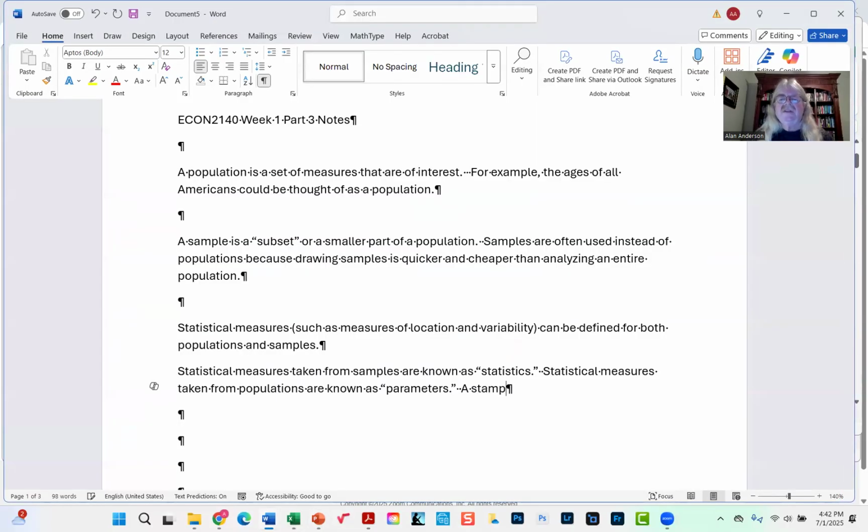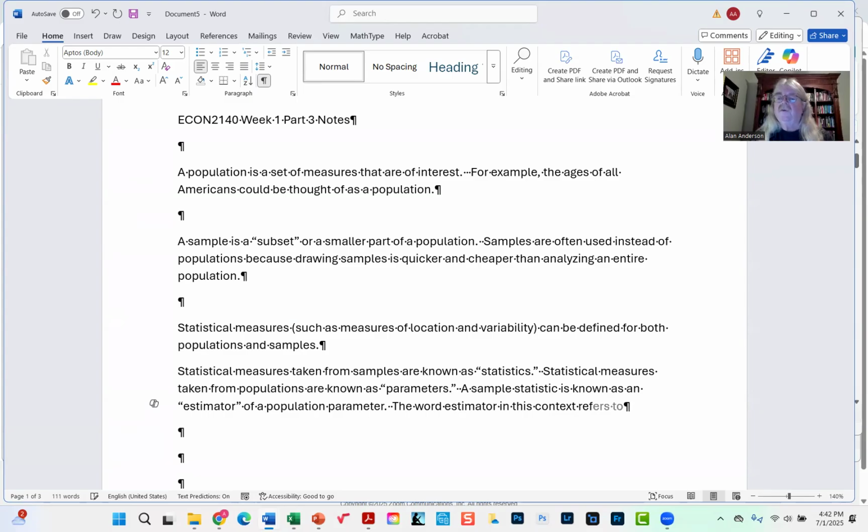A sample statistic is known as an estimator of a population parameter. And the word estimator refers to a formula.